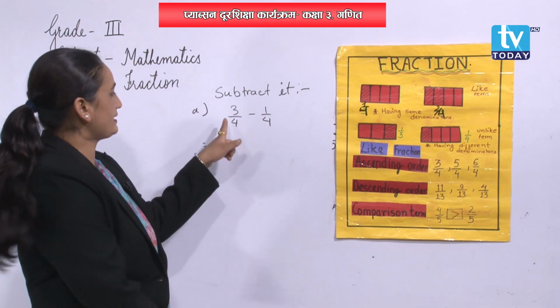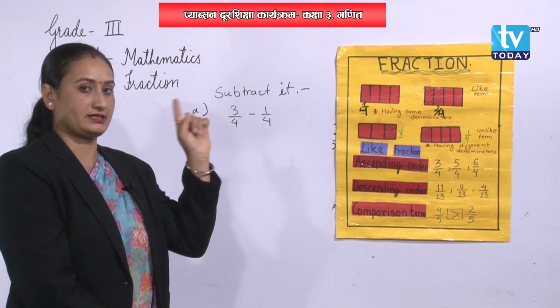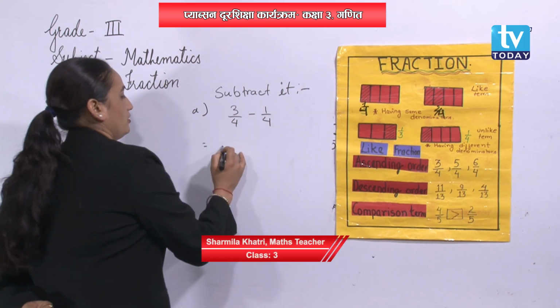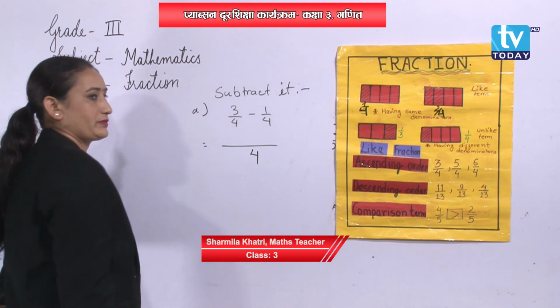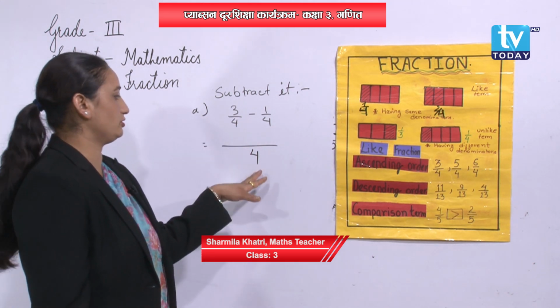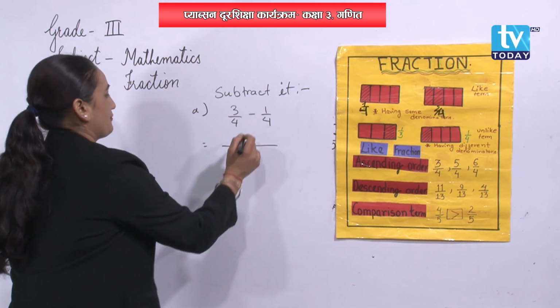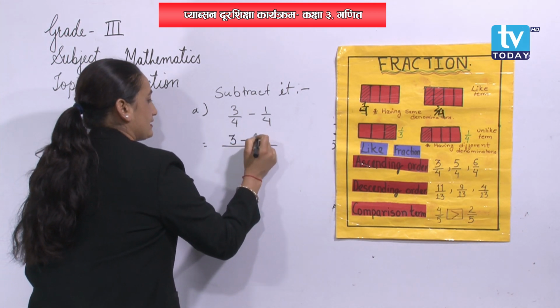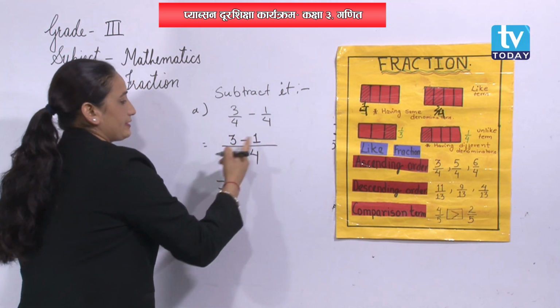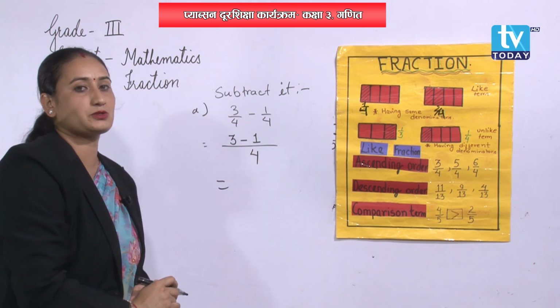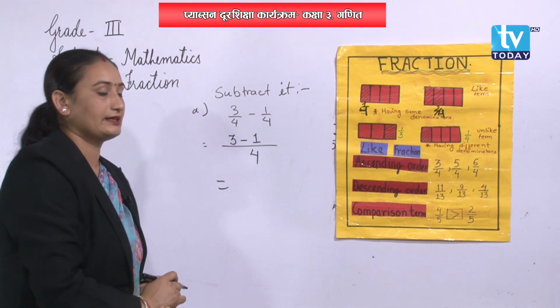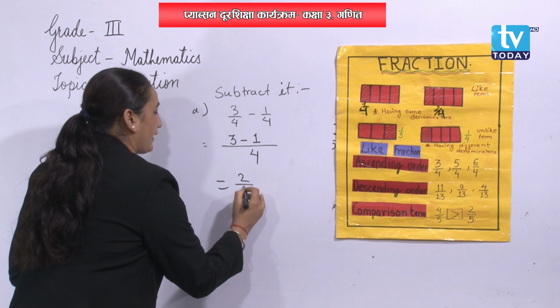Let's put the single denominator over here, like this way. Single denominator out of 4 you have to write, and previously you have taken 3 and later on 1. So if it is subtracted, 3 minus 1, then what will be the answer? It's 2 by 4.